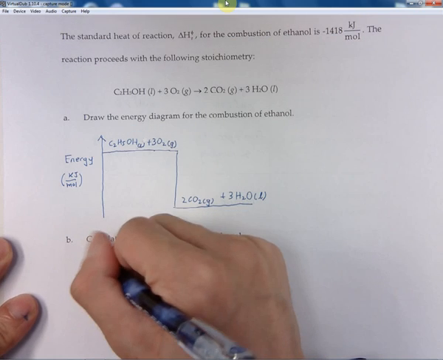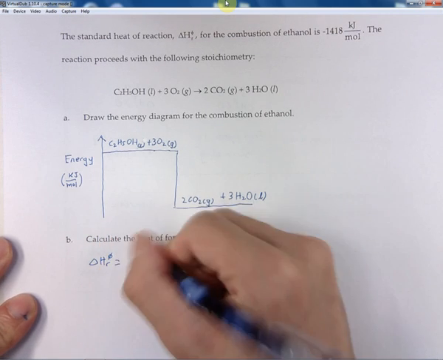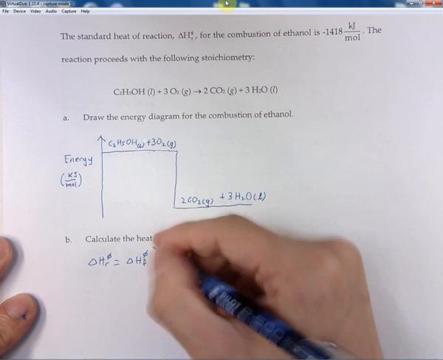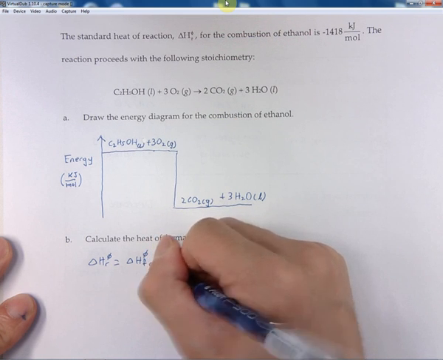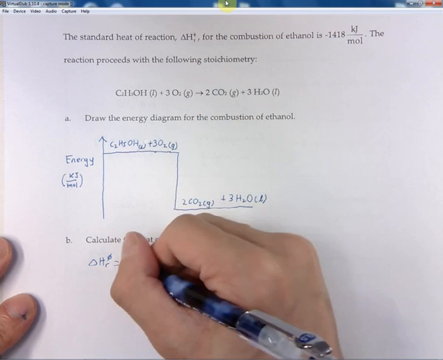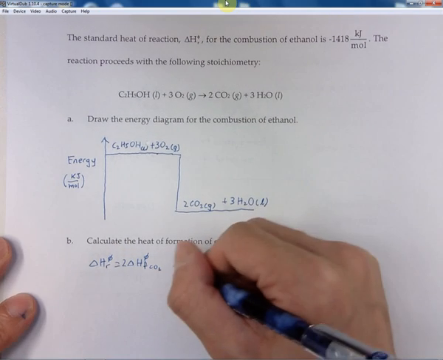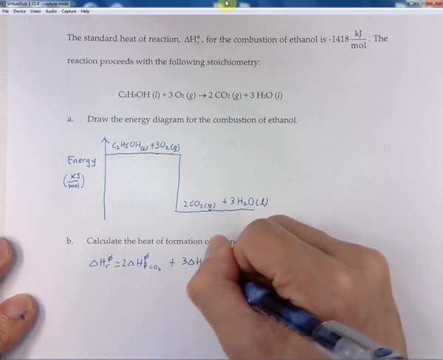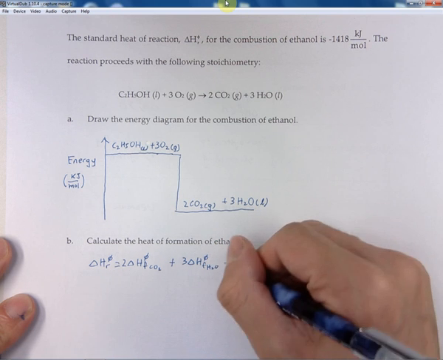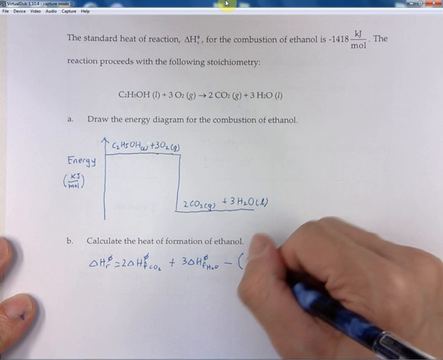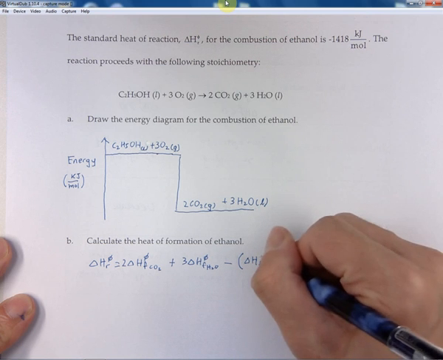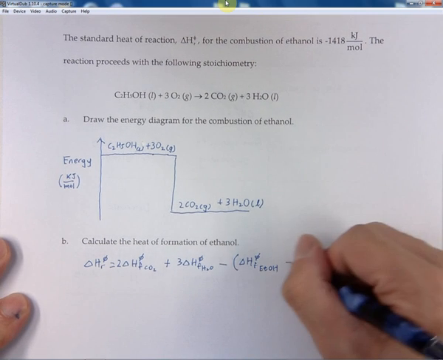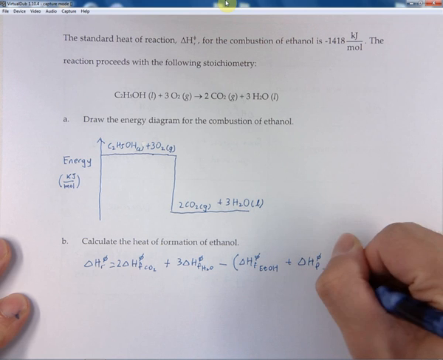So the heat of reaction will be the heat of formation of my product, CO2, with a coefficient of 2, so we must include the 2, plus 3 times the heat of formation of water, minus the sum of the heat of formation of ethanol plus the heat of formation of oxygen.